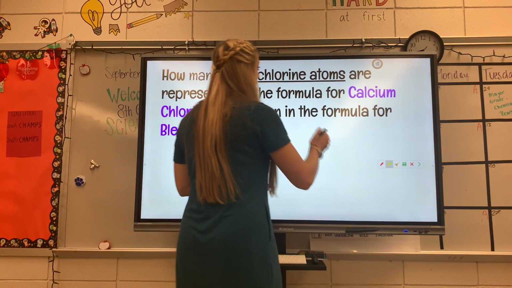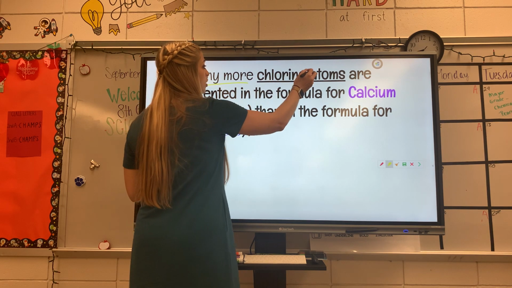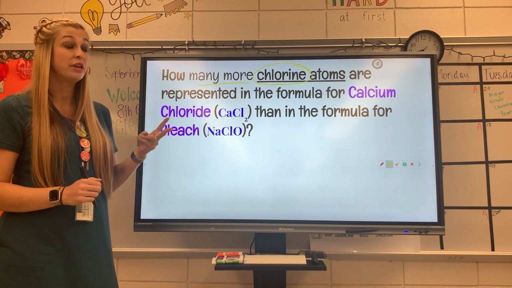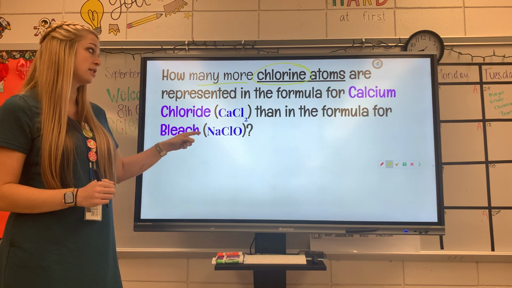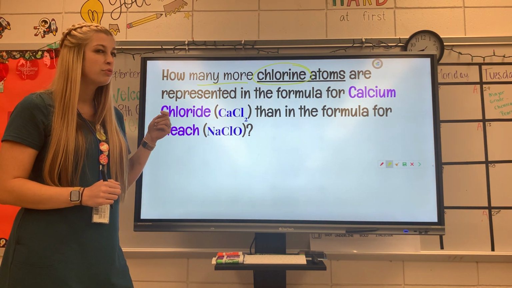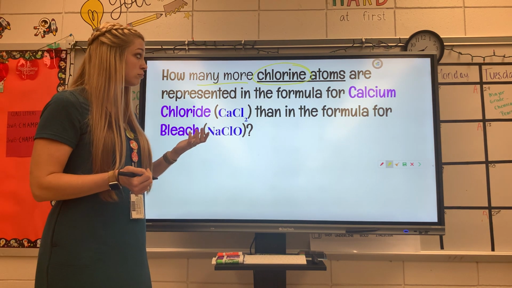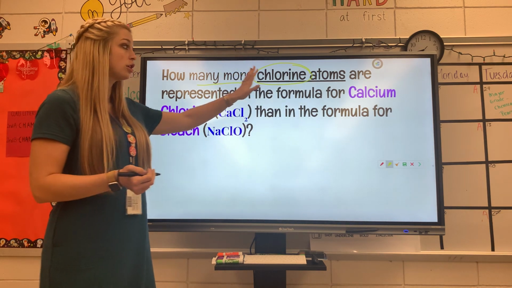So we want to know how many more chlorine. So we know we need to make 2 EA charts. We have 2 different formulas. But do we need to do the EA chart for every element? No, just for chlorine.